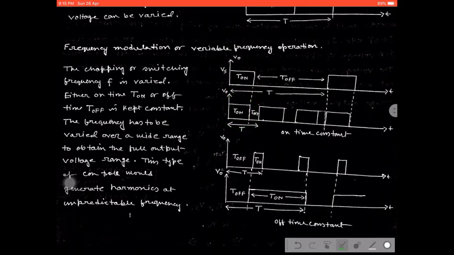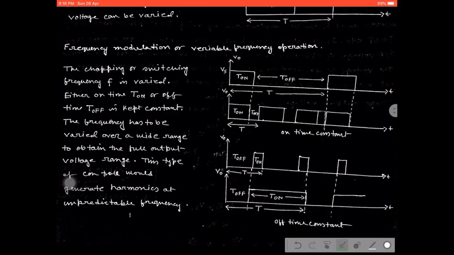Ultimately, in this particular cycle, we will achieve 3 pulses here. That means we can say we have changed the frequency, or the total time has changed. The time duration has changed, meaning the frequency has changed.